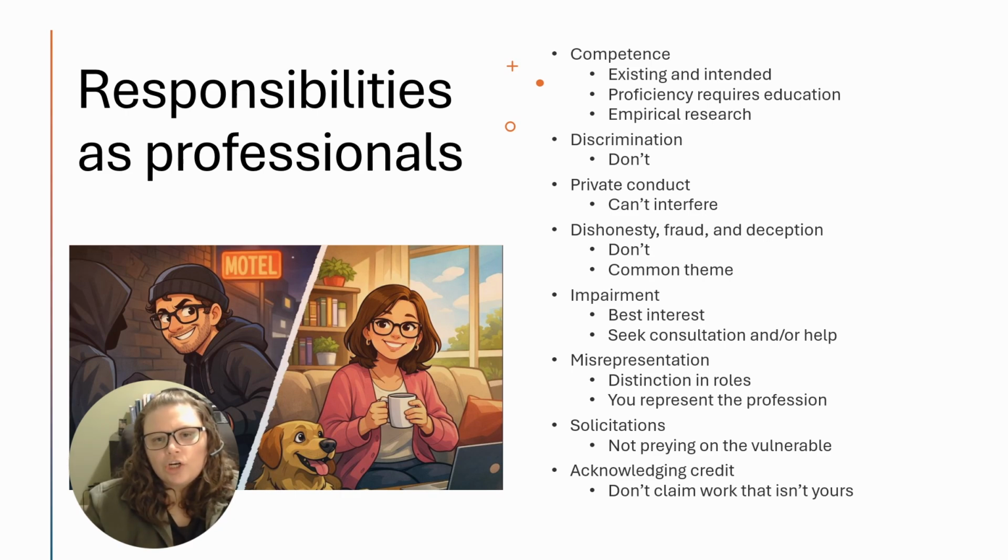Impairment we already talked about on the last slide. Making sure that you're reporting it to the clinician first, and then on your own impairment, if someone comes to you and says, hey, I think you have a problem, being humble enough to accept that. If you have your own mental health condition, making sure that you can handle that and show up for your clients at the same time. If you can't do that, then maybe offering your clients referrals or transferring them out, so that you can focus on yourself.